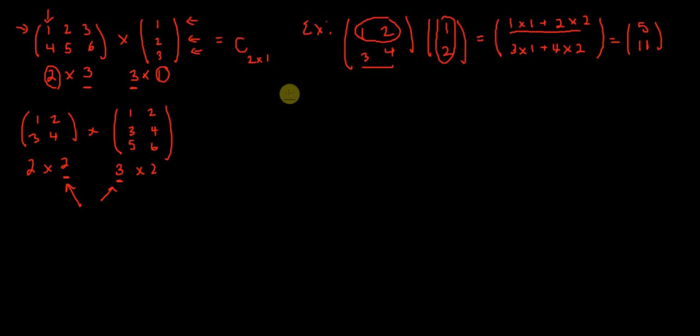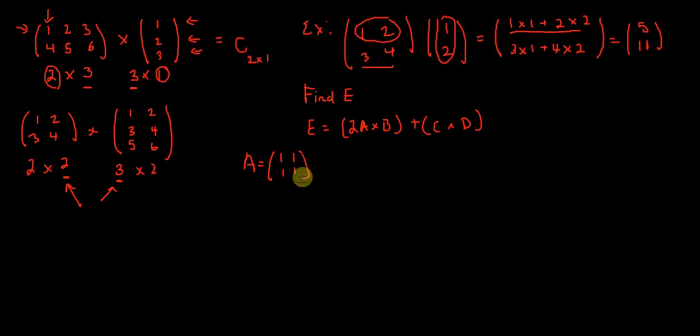Here's a more involved example. Let's say we want to find a matrix E such that E is equal to 2A times B plus C times D. Let's go ahead and define our four matrices as A equal to [1, 1; 1, 1], B equal to [2, 2; 2, 2], C equal to [3, 3; 3, 3], and D equal to [4, 4; 4, 4].